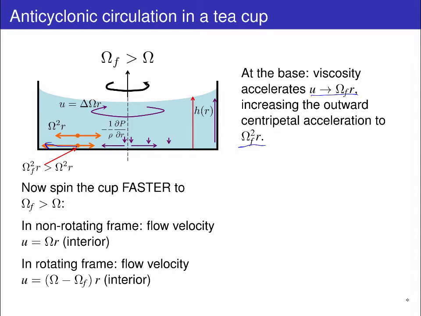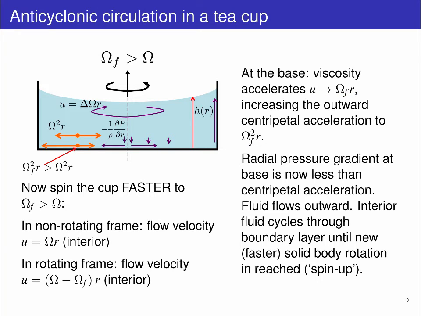This is now larger than the radial pressure gradient at the base, so water in the boundary layer flows outward. Again, this continues until all of the fluid in the interior is flushed through this bottom boundary layer, where it is accelerated to the new cup rotation rate omega f. This is referred to as spin-up.